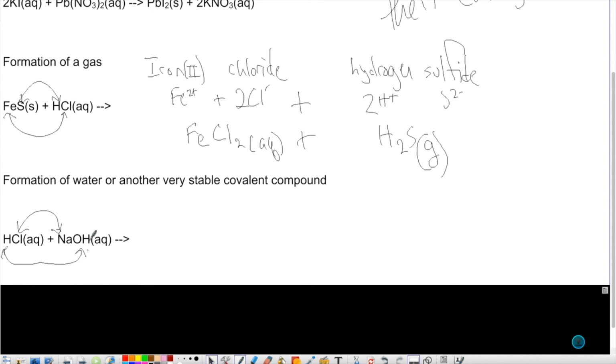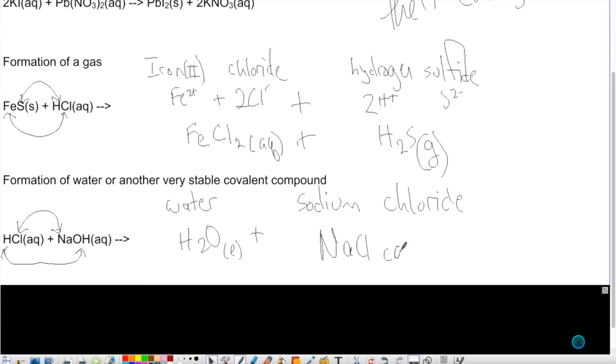So I get H and OH, which is hydrogen hydroxide, also known as water, H2O, plus sodium chloride, which is just NaCl. We should know that one by now. That's aqueous, it's always soluble, and then I can go back and balance.